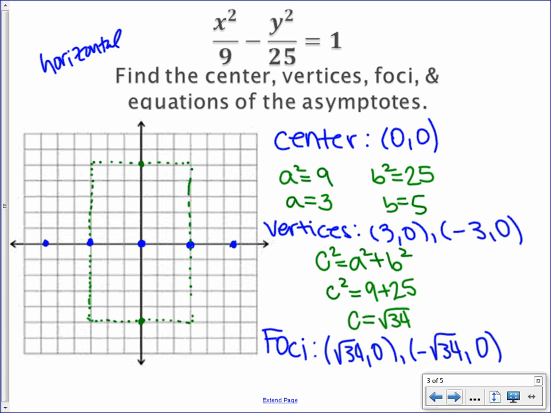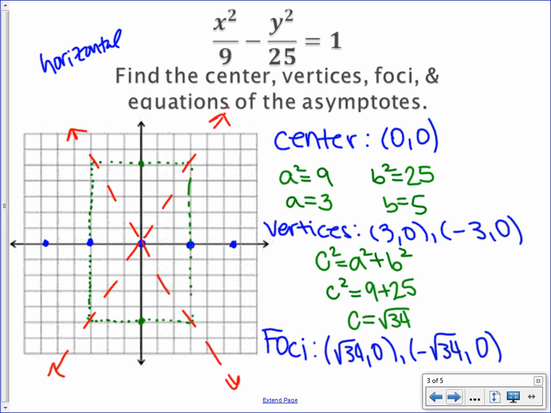Now, we're going to actually draw our asymptotes in. Our asymptotes are going to go through the center and the diagonals. There are our asymptotes.